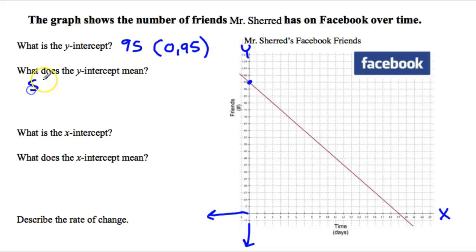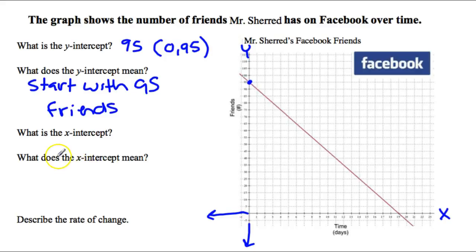So let's say you start with 95 friends. Alright, so how about the x-intercept? Well, that's all the way over here. So that was 19.